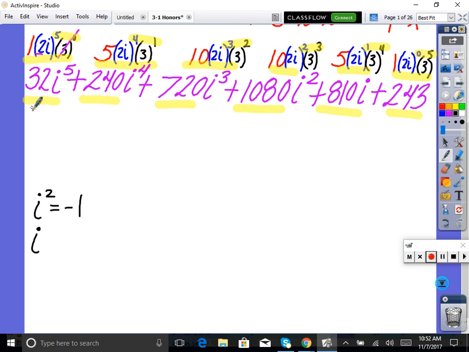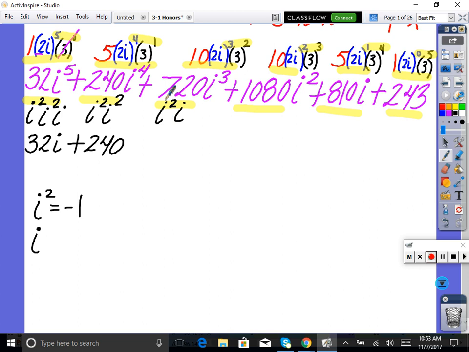So we have 32 i to the 5th. Isn't i to the 5th i squared times i squared times i? So that would be -1 times -1 times i. So wouldn't that just be 32i? So we have a 32i plus, now i to the 4th is i squared times i squared, -1 times -1. So wouldn't that be plus 240? And then i cubed is i squared times i.